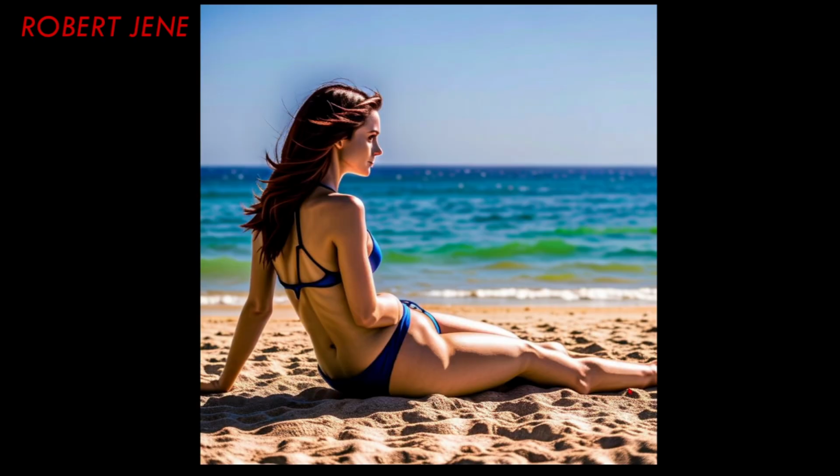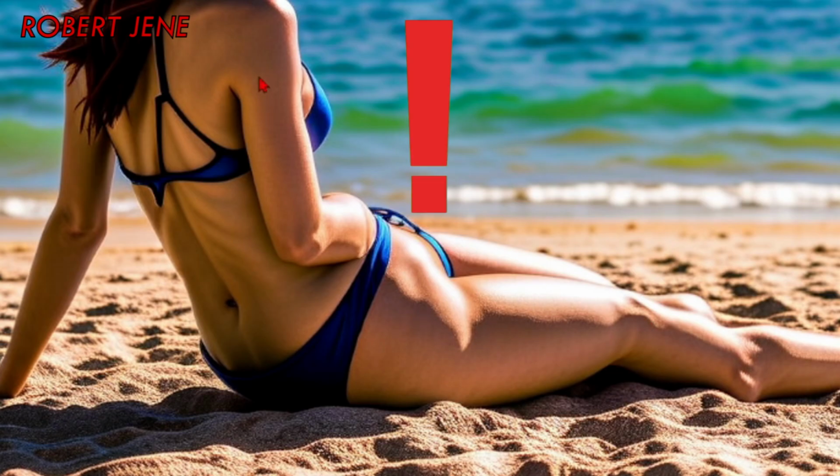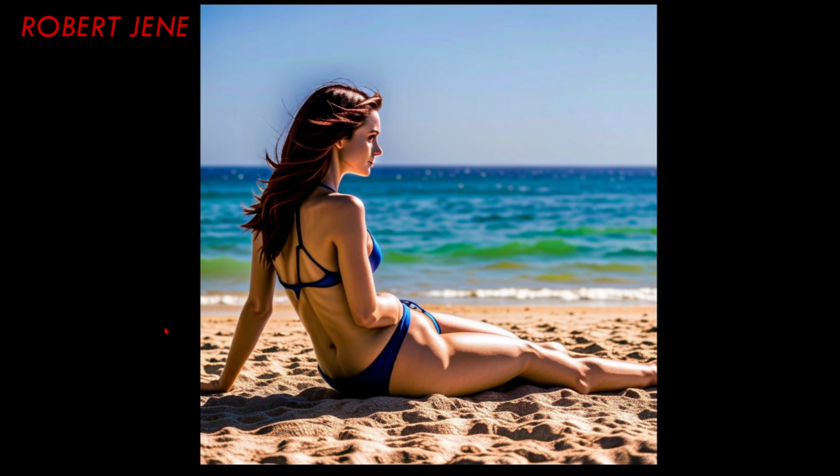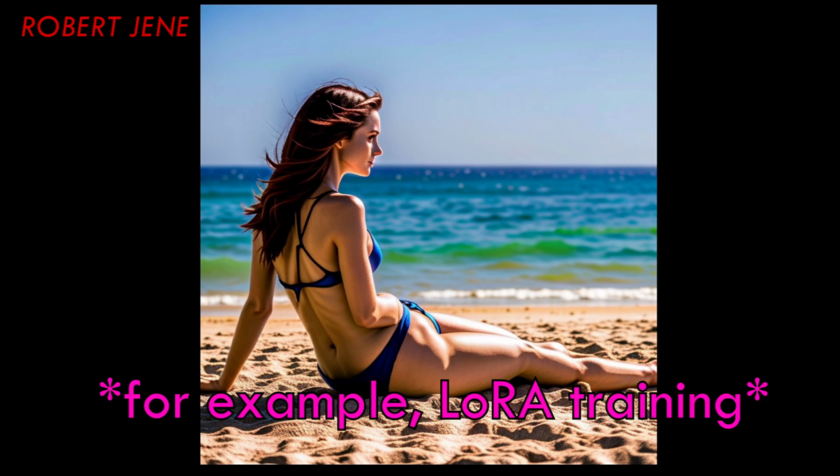All right, ignore how weird this image is, but just note that this is the FP16 one, and that's the BF16. All right, BF16, FP16, BF16. Slightly different. BF16 is supposedly better. At least it was when I was doing testing for other things.